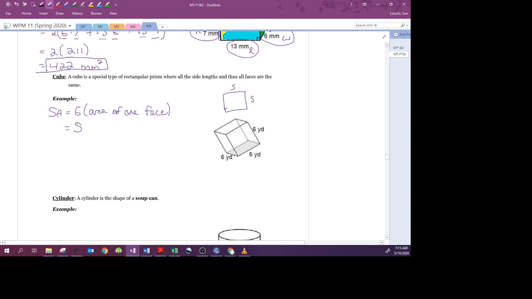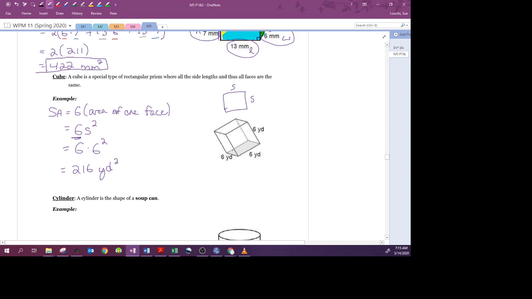So it's 6 times the side length squared, okay? And in this case, that's 6 times 6 squared, which is 216 yards squared. All right. This first 6 here comes from there being 6 sides that are all the same. And the other 6 is because it happens to be the length of the side.